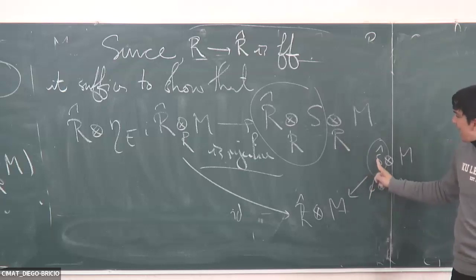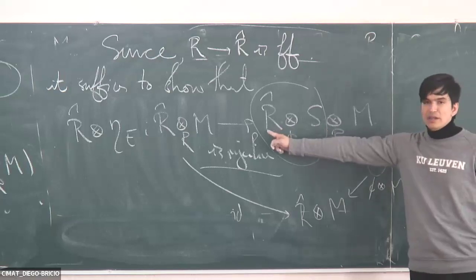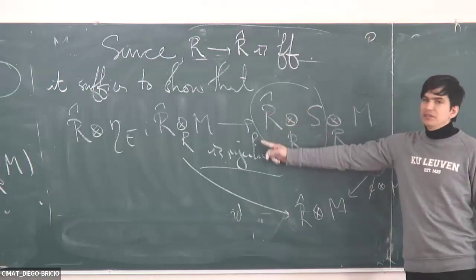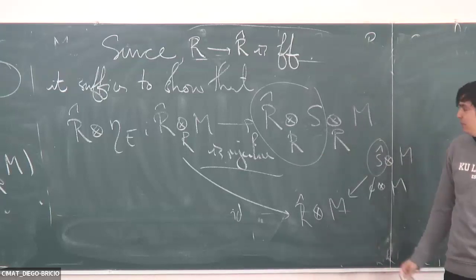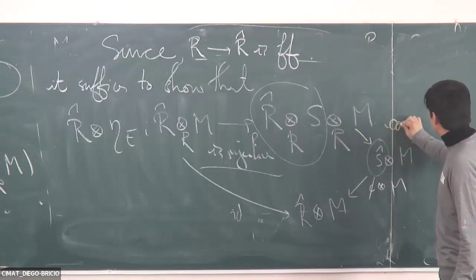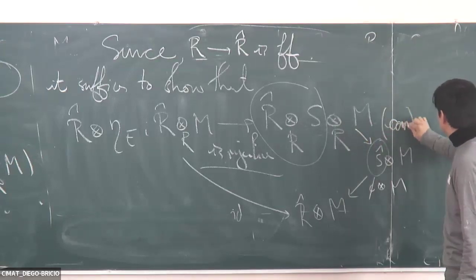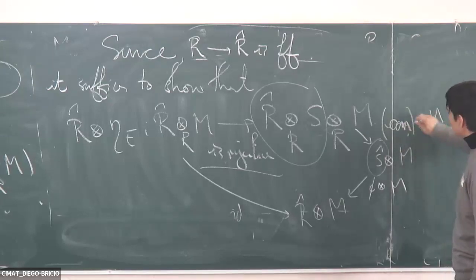Because S hat is both an S algebra and an R hat algebra, therefore it is an algebra over this ring by the universal property of the tensor product. So from here to here, I'm going to take that canonical map I'm talking about. I'm just going to put canonical tensor m.